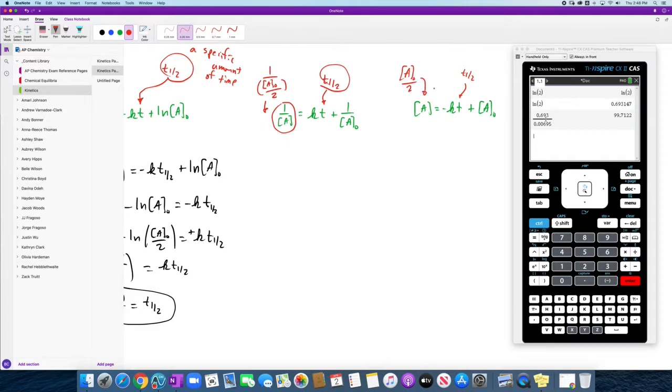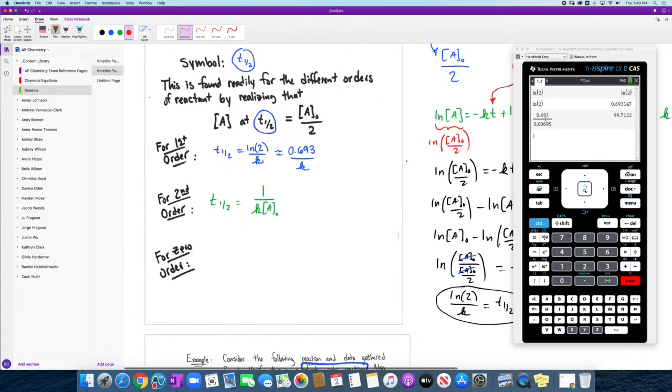Substituting that in here and solving for half-life again, you can show that for this particular type, the half-life is the original concentration divided by 2k.